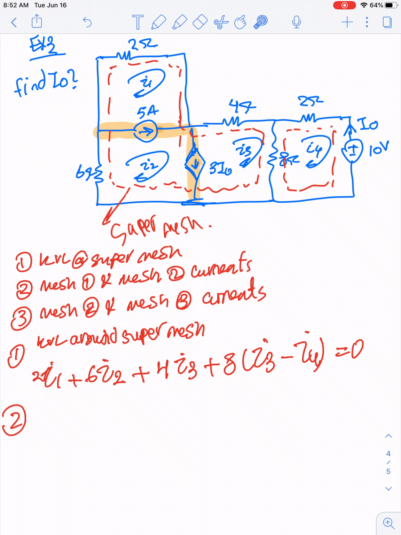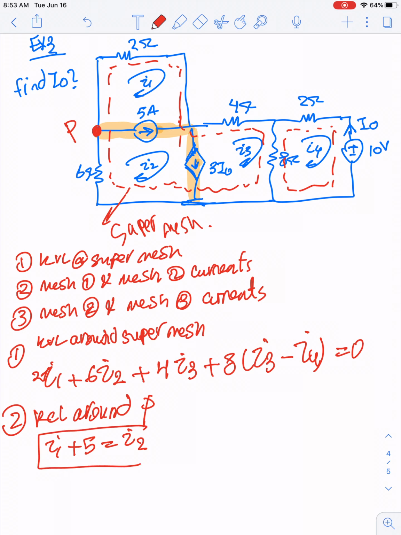So I should choose this node. Let's name it node P. So KCL around P: flow in is equal to flow out. Flow out is I1 plus 5, which is equal to flow in I2. So this is the second equation, equation 2.